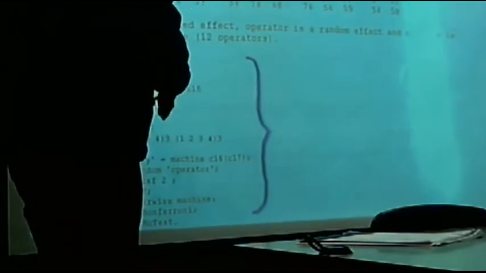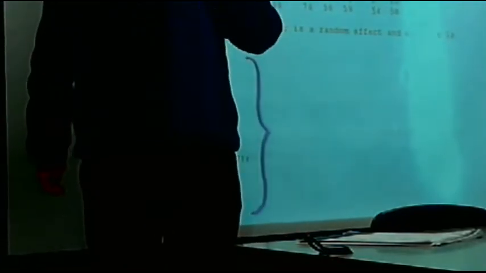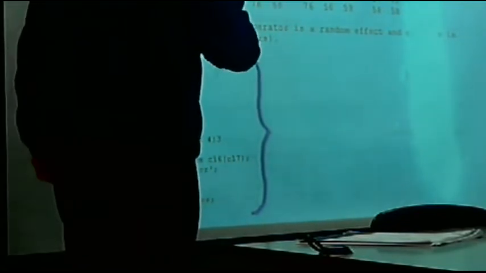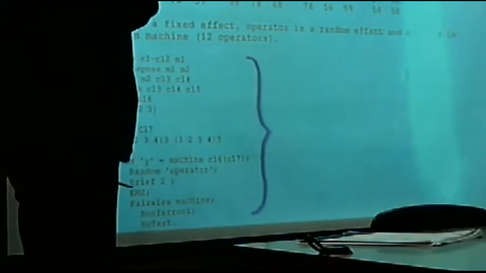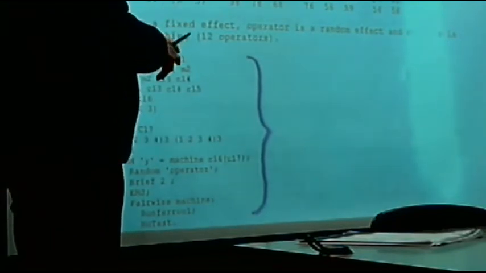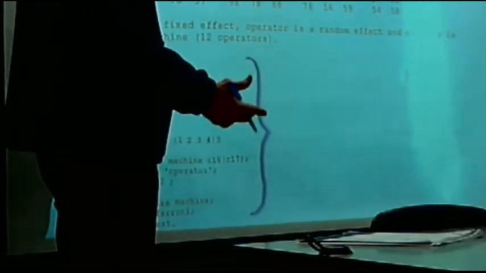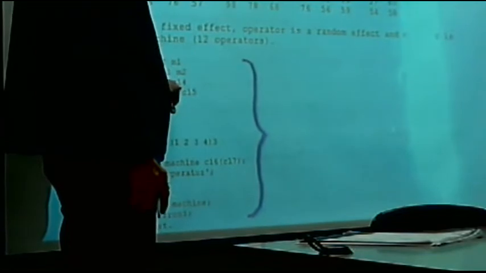So M2 is these numbers, but transposed so that the first row is the first column and the second row is the second column. So now I have this matrix M2, which has two columns in there, and I want to get one column out of this. So I keep going. I say copy M2 into new columns, C13 and C14.